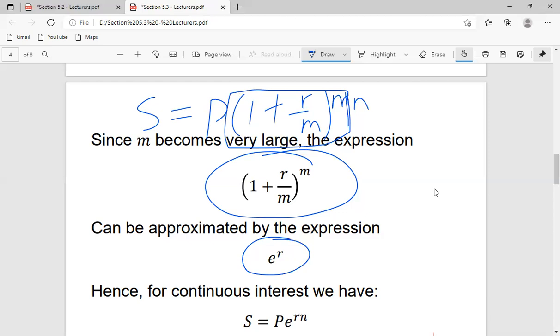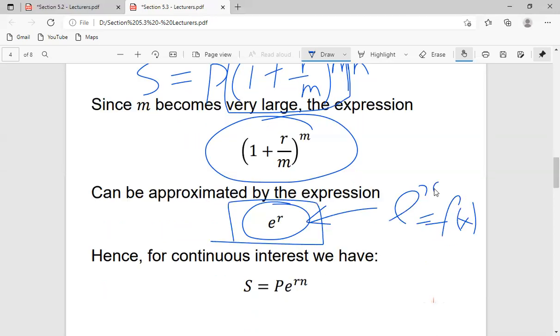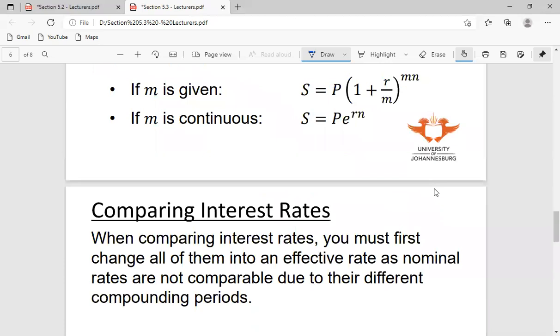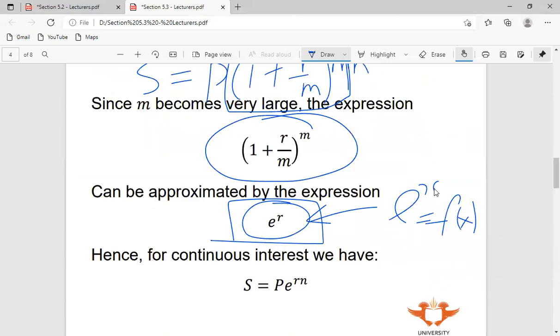Recall e to the r is the same e to the x function that we looked at in our last few chapters. I think in chapter 4, we saw exponential and log functions. So this is the same e, the same exponential function we are referring to.